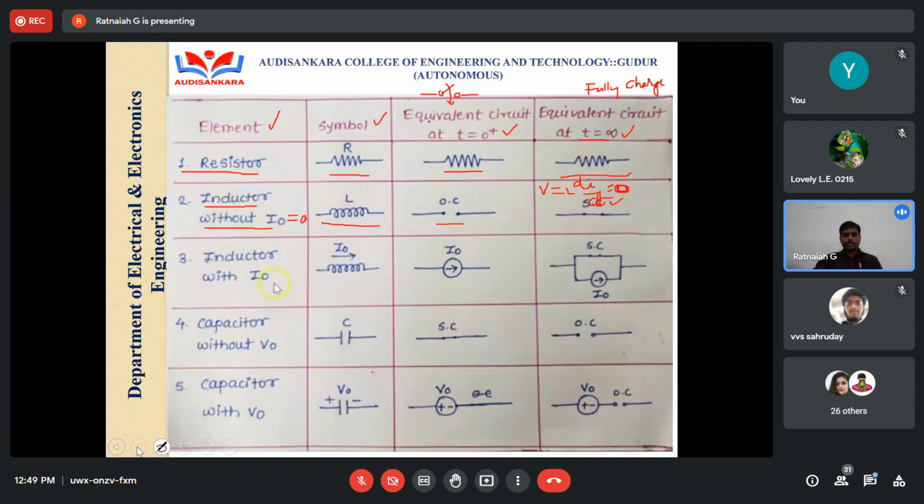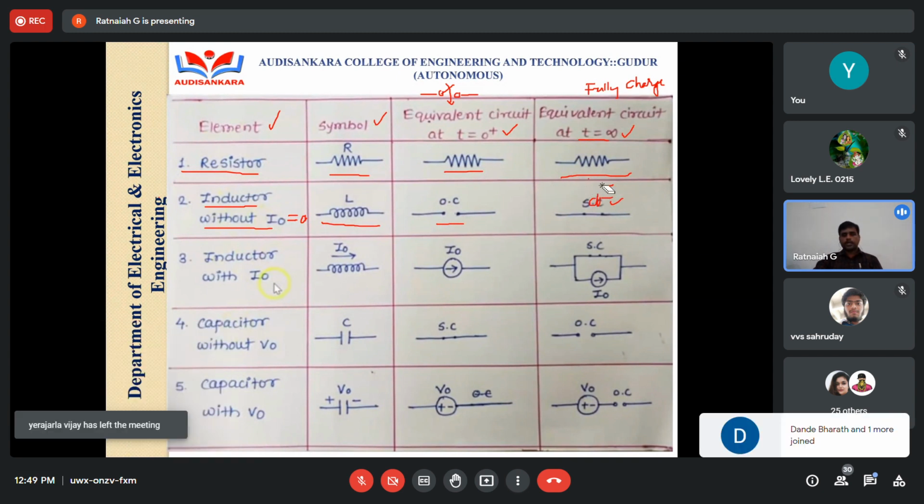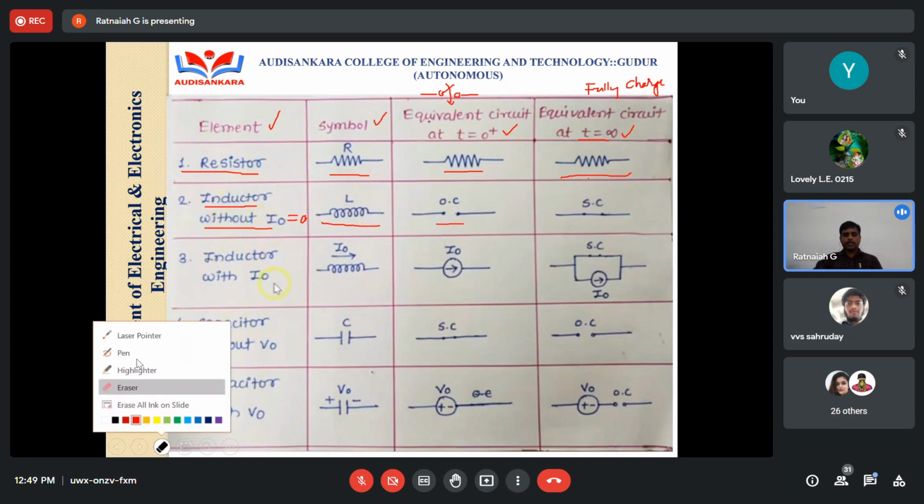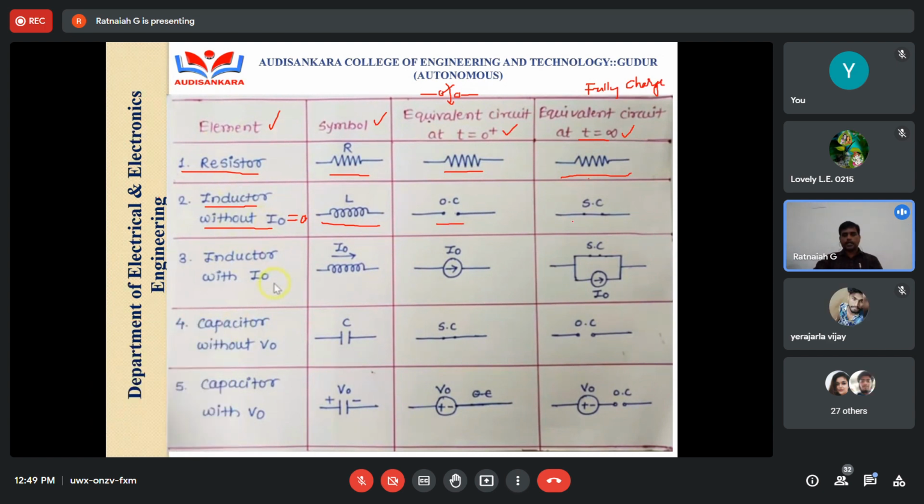Therefore, at t is equal to infinity, the inductor will act as a short circuit. So initially it acts as an open circuit. At steady state, or final state, it acts as a short circuit. And this discussion is only for an inductor without initial condition, that is, initial current is 0. That is, your mobile phone has 0 charging.